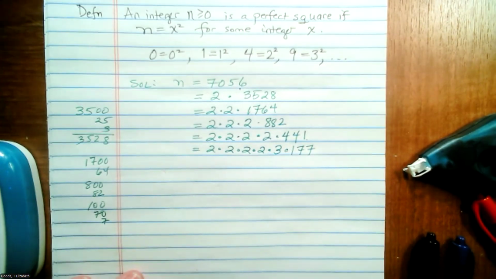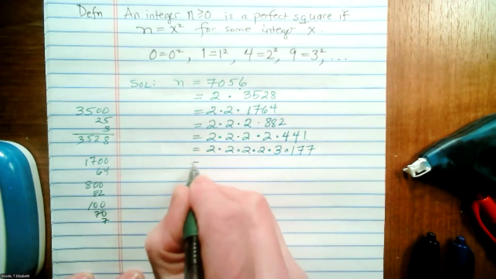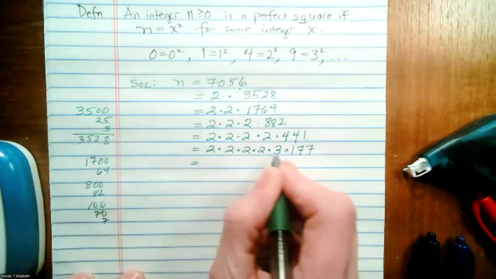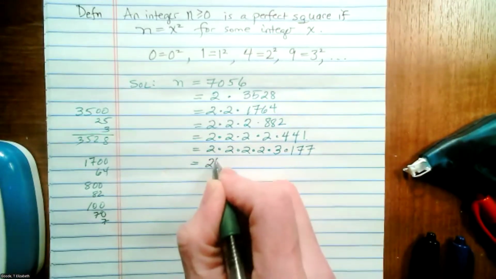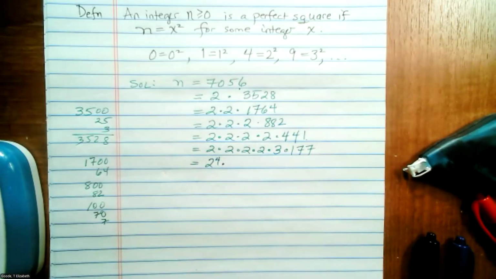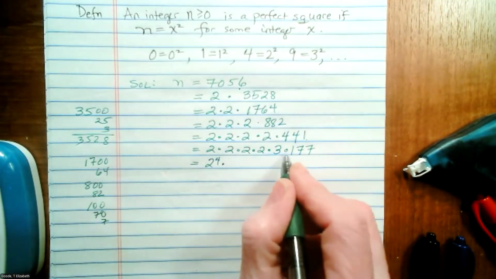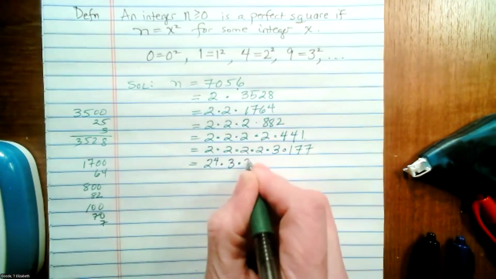Can we? What's 1 plus 4 plus 7? 12. So is 3 going to divide 147? Yes, because it divides 12. I'm going to start conglomerating this. This is 2 to the 4th, okay? We know we're going to do that eventually. We might as well start doing it now. And then we've got a 3, and now we have another 3.